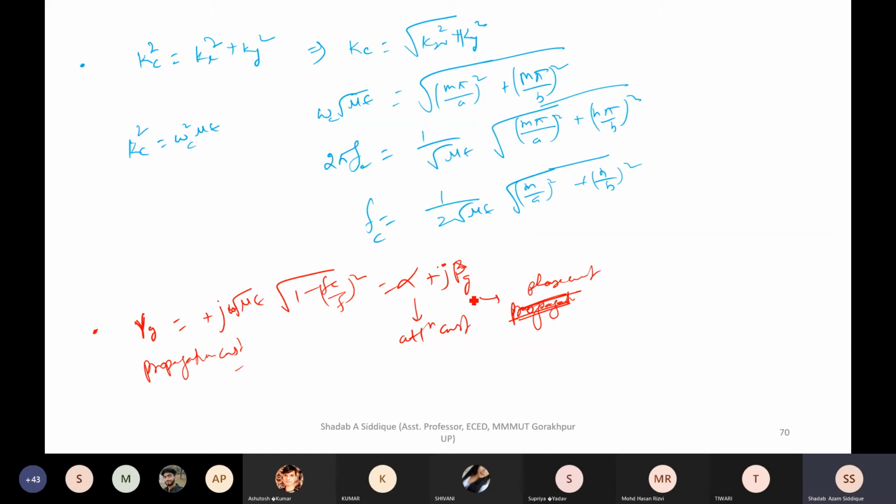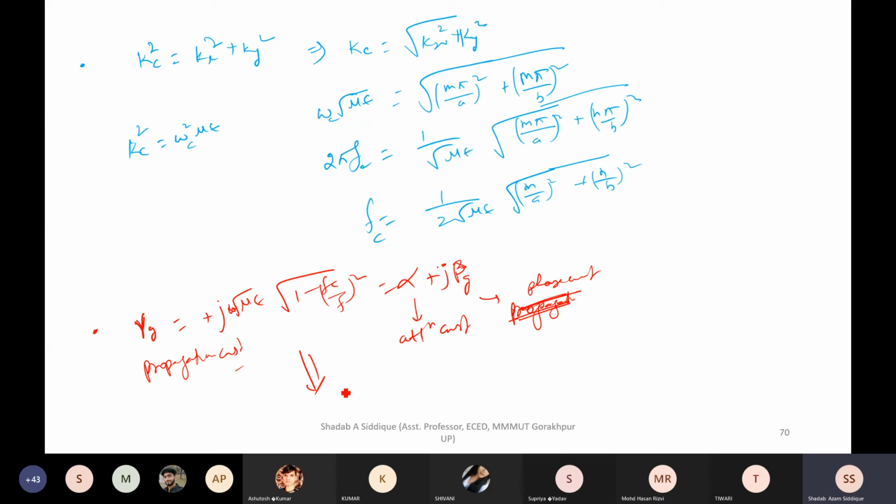So to have this j, because attenuation should be as minimum as possible, we need to have j beta g. So this cannot be an imaginary value, because if this is imaginary, this j will vanish and it will become alpha. Alpha should be as minimal as possible.